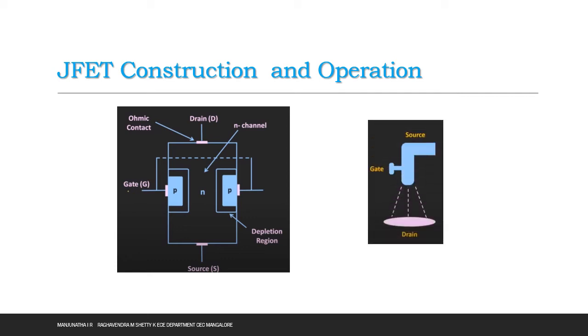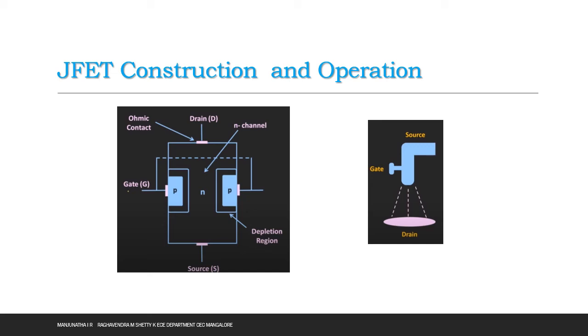Now this concept can be understood if we compare it to tap water. When we compare the source, gate and drain, the water is trying to reach from source to drain, and that can be controlled by a knob.